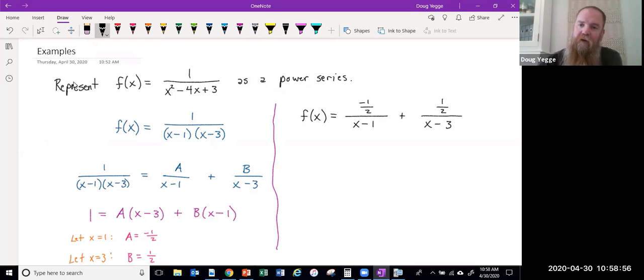The way that we're going to do this is that we're going to rewrite the left one as negative 1/2 times 1 over x minus 1. But I want it to be 1 minus x. So what's something that I could do here?